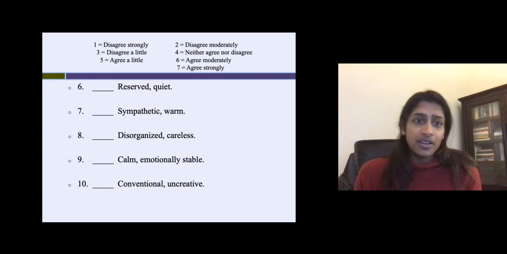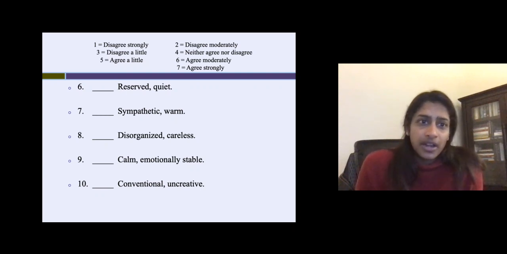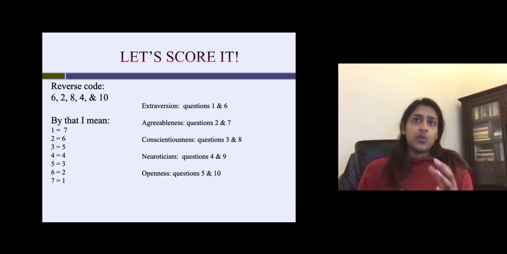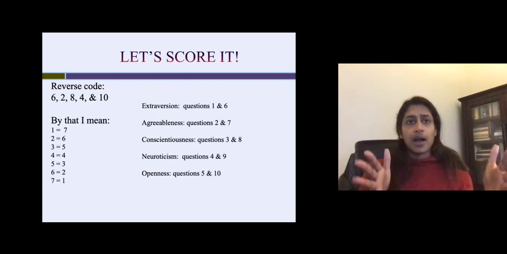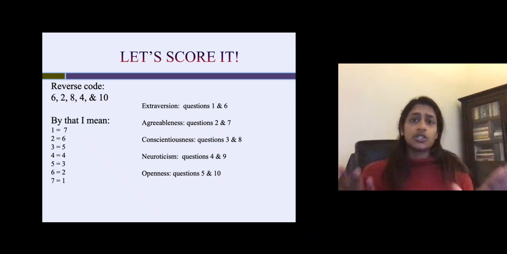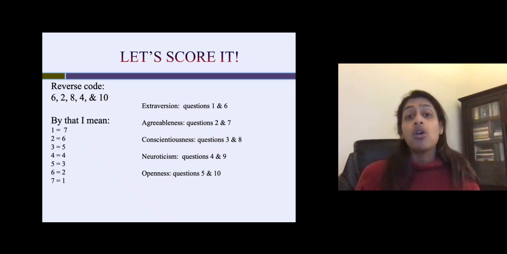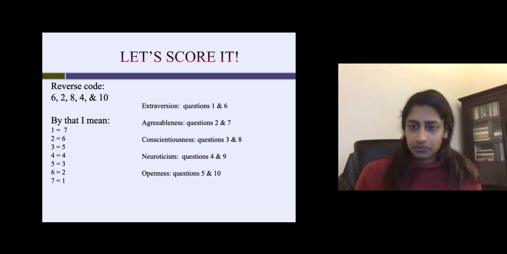Well, more than likely, you're going to say 1 or 2, right? I disagree with this strongly, or I disagree with this moderately. And the reason why we ask this is because we ask some questions from the positive direction and some questions from the negative direction. This way we know if our participant is actually reading the question itself.